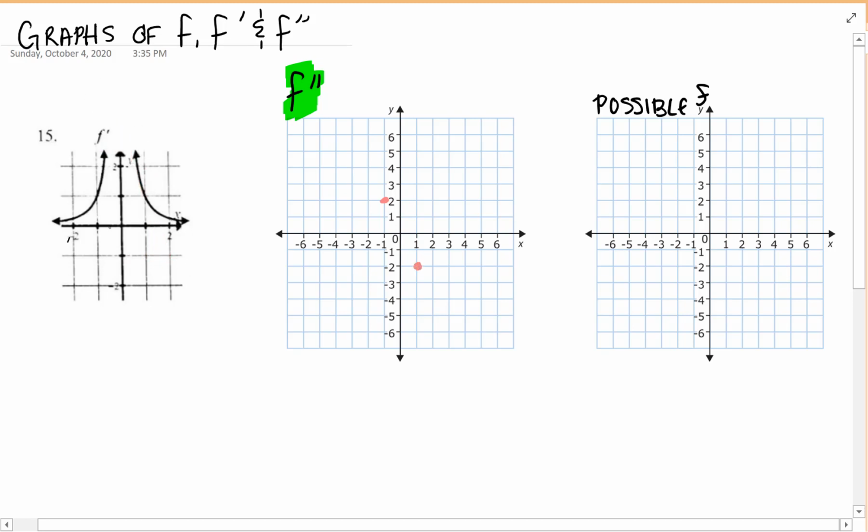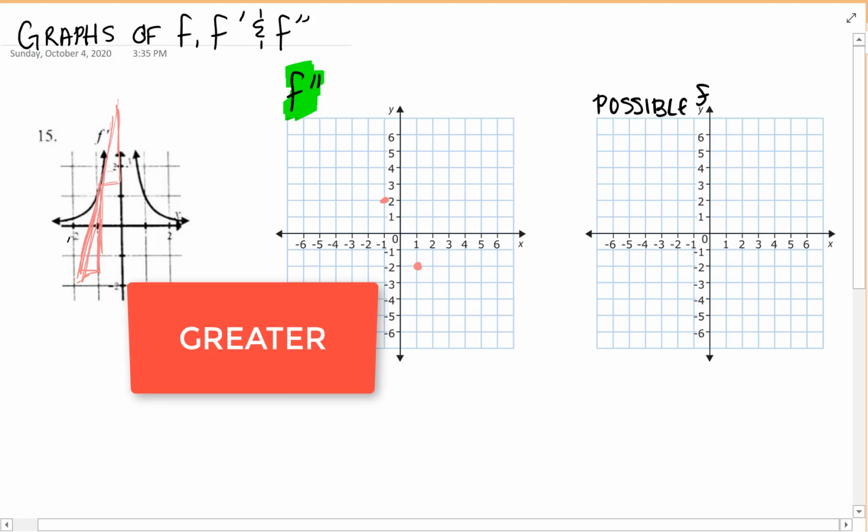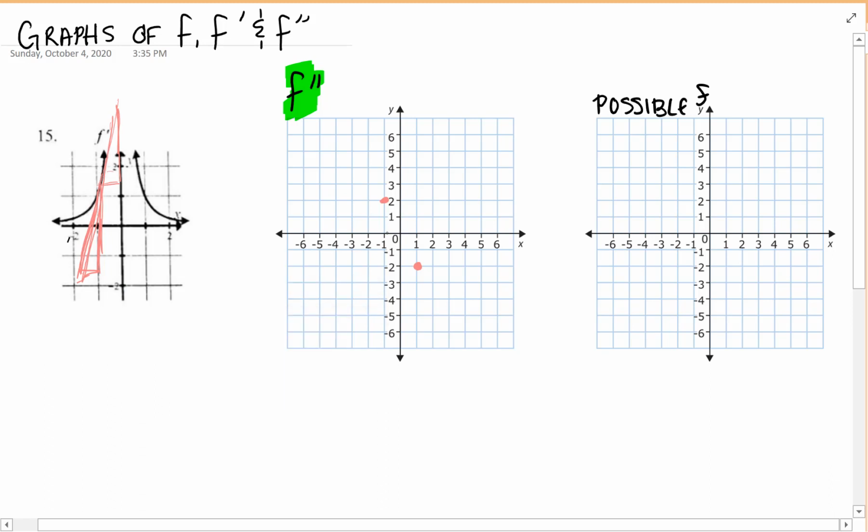Let's take a look at what is happening as we get closer to 0 from the left. I don't know what the slope of this tangent is, but this slope is then the one at -1. As we approach 0 from -1, our y value for f prime prime will be greater.